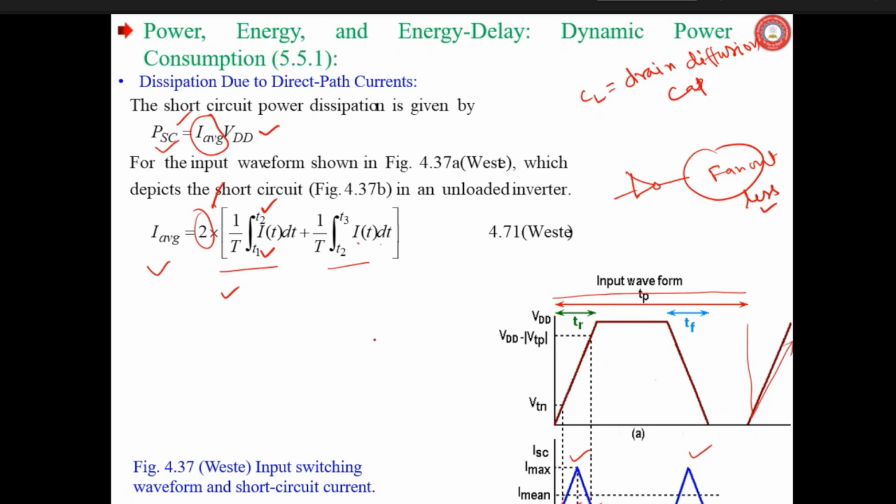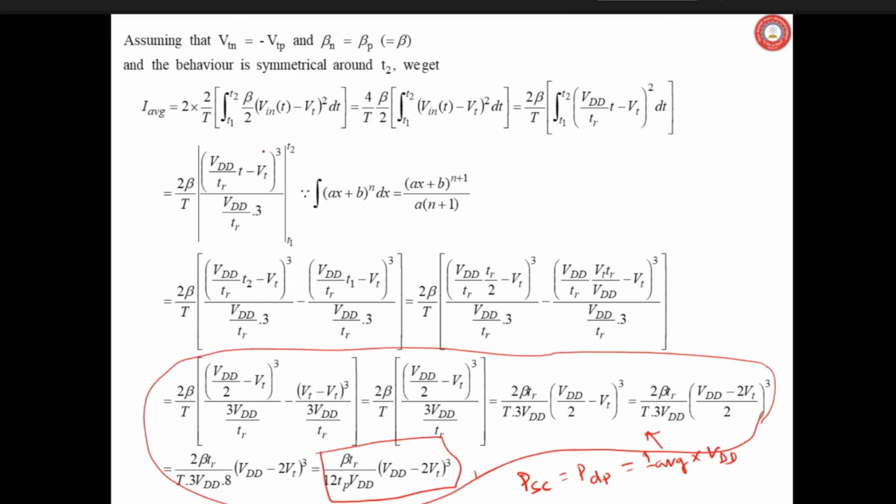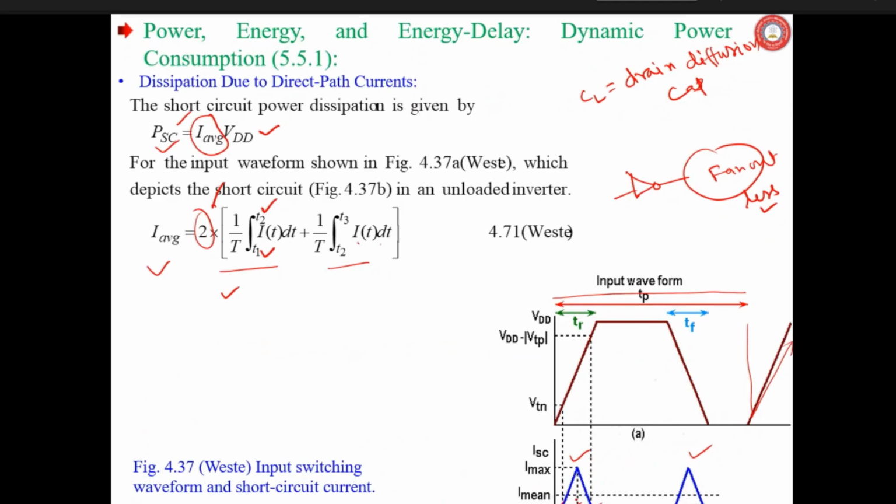So from this integration, if you do integration properly with this assumption, assuming Btn equals to minus Btp and beta n equals to beta p equals to beta, and the behavior is symmetrical around T2. This is the T2. The current spike while spiking up is same as when spiking down.